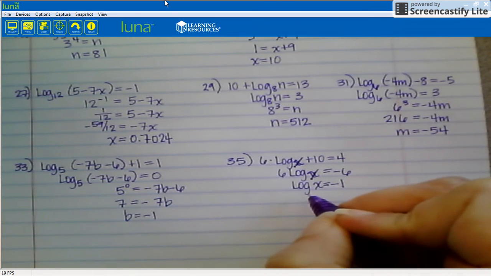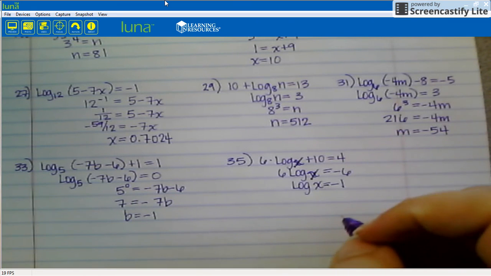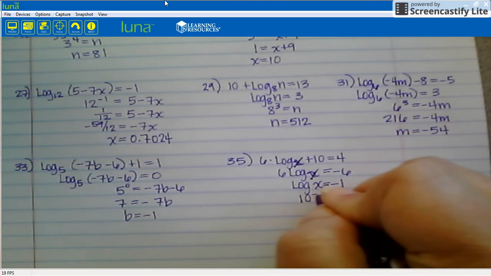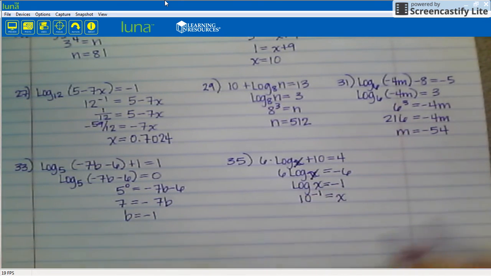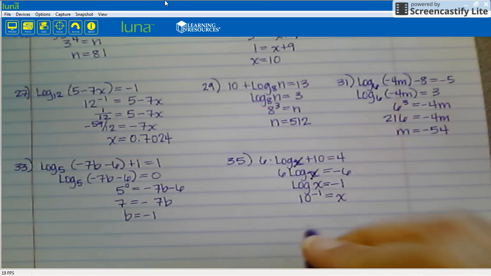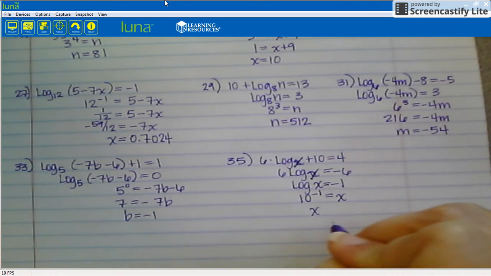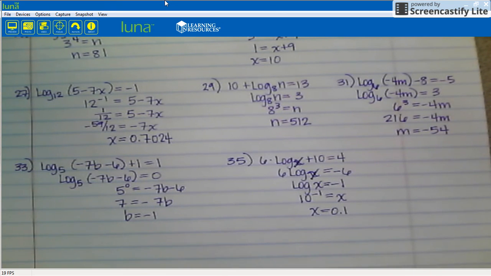Well, this log means a common log, so its base is 10, so that means 10 to the negative first power equals x. Well, that negative 1 means that x is actually equal to 1 over 10, which is 0.1 as a decimal.